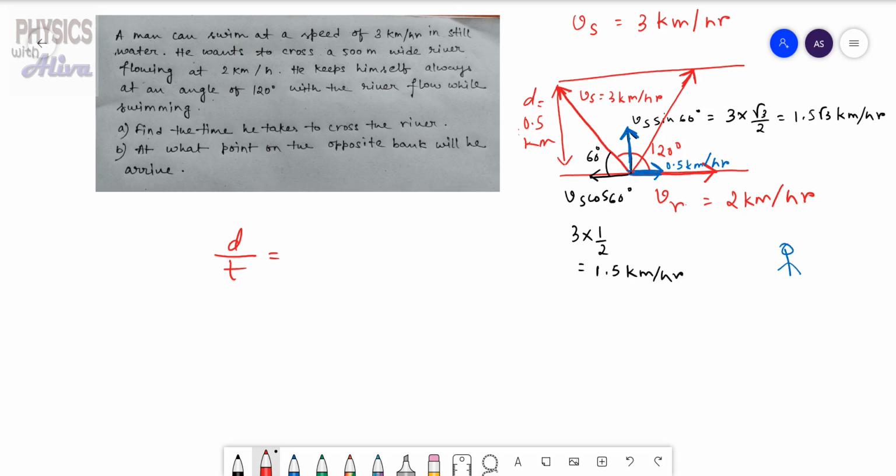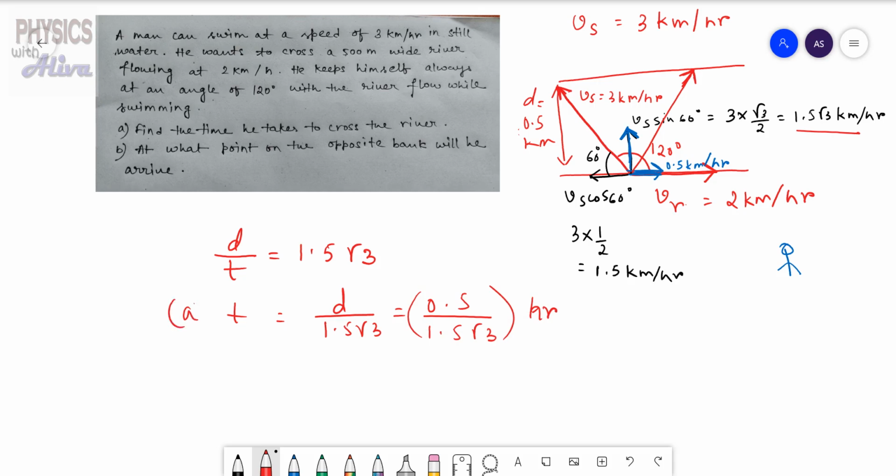D divided by t is equals to the vertical velocity. And what is our vertical velocity? Our vertical velocity is this, so we will write this. We know t is equals to 0.5 divided by 1.5 root 3. We will calculate this and this will be in hour. Okay, this is the time taken. Answer of the first question.